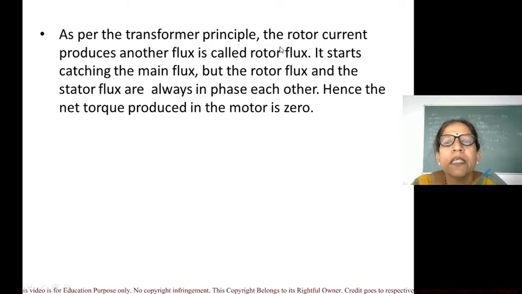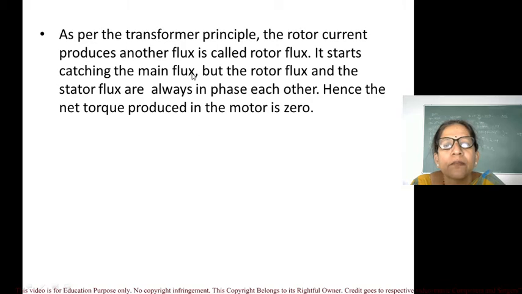Means when EMF is induced in the rotor conductor, it carries current, and due to this current it produces its own flux. This flux produced by the rotor starts to catch the main flux. Now it plays the role of the police, and it will try to catch the main flux, that is the thief.